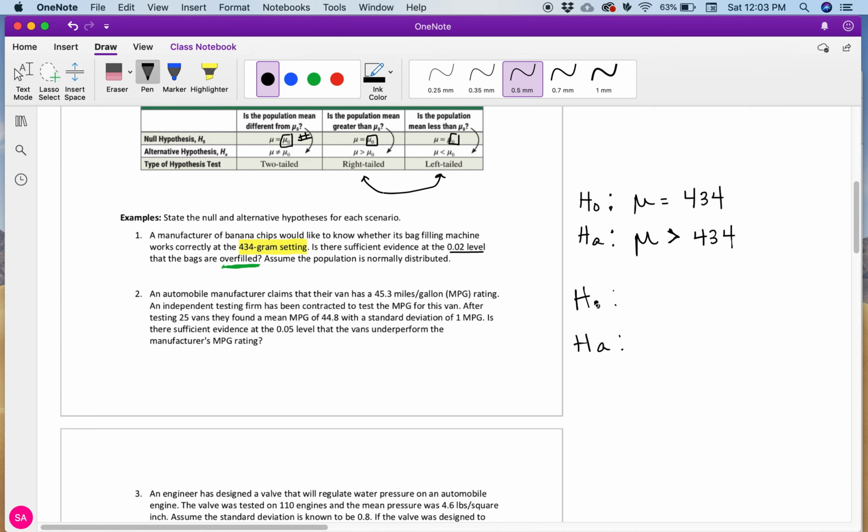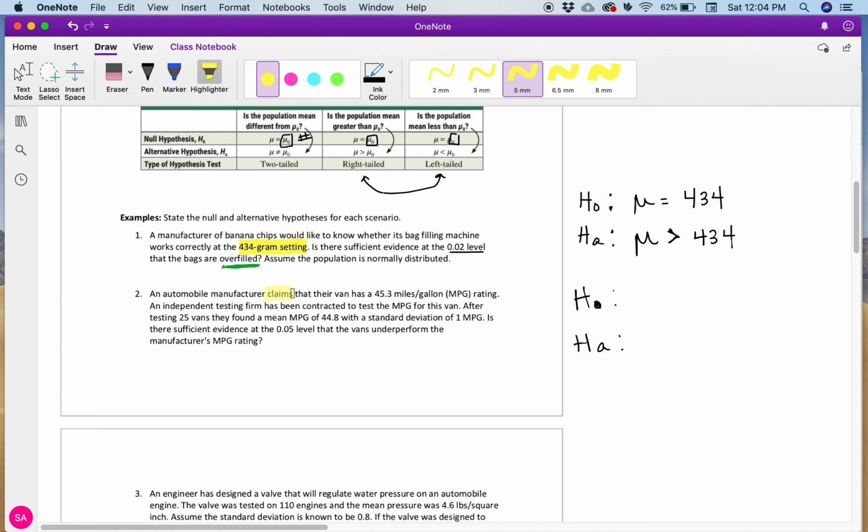One key thing to look for when writing your hypotheses is that the null hypothesis is what we are assuming to be true. If we read this very first sentence, an automobile manufacturer claims that their van has a 45.3 miles per gallon rating.